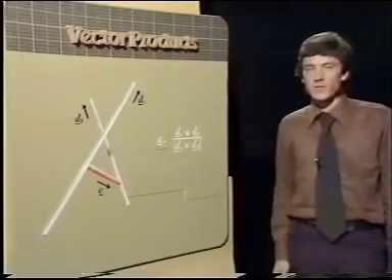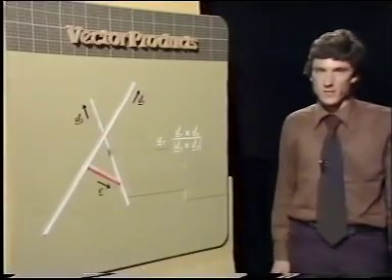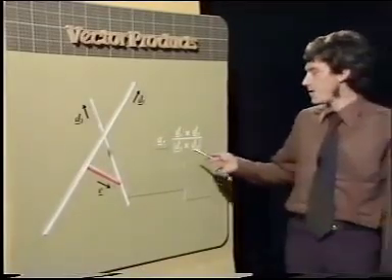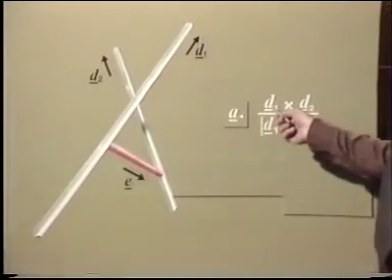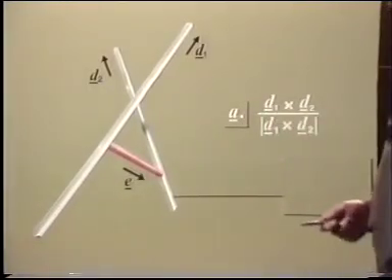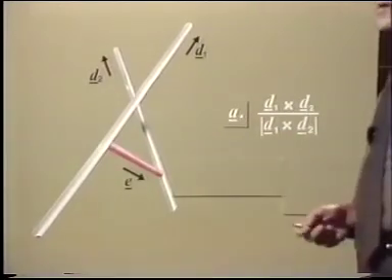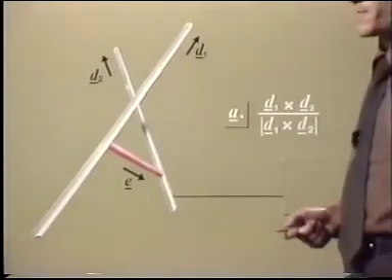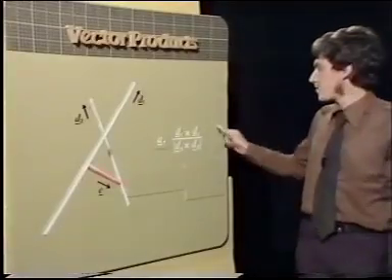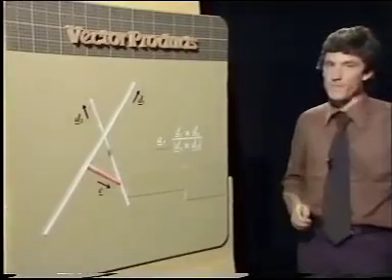So now we're in a position to work out our shortest distance. Dan has given us the components of the vectors A, D1 and D2, and all we have to do is plug those components into this expression and we can work out the shortest distance. Well, you were asked to work out this bit before the program.